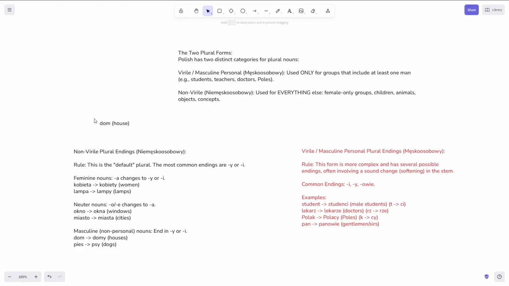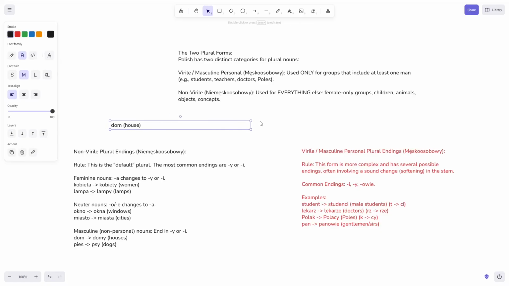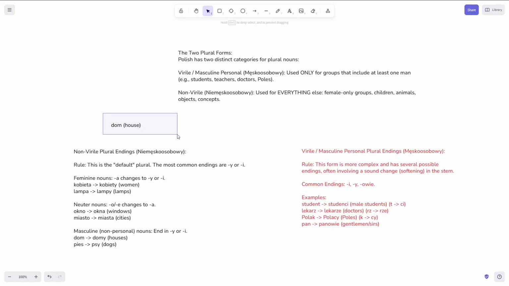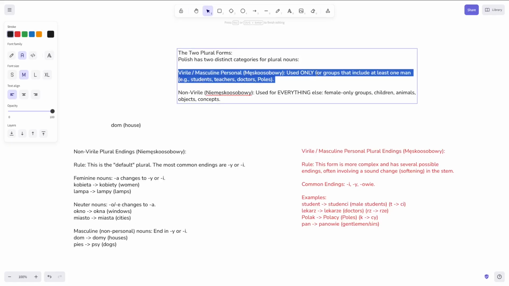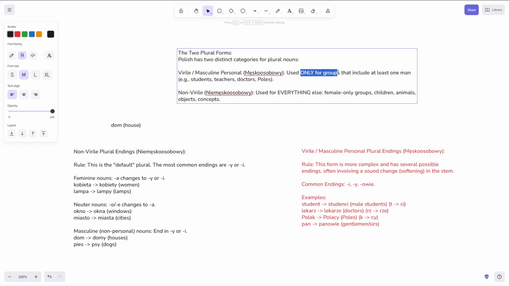This noun is a masculine noun, okay? So you might think that, well, since it's a masculine noun and we have a masculine plural, it can belong to the first group, right? Nope. It's used for the male groups of people, okay?